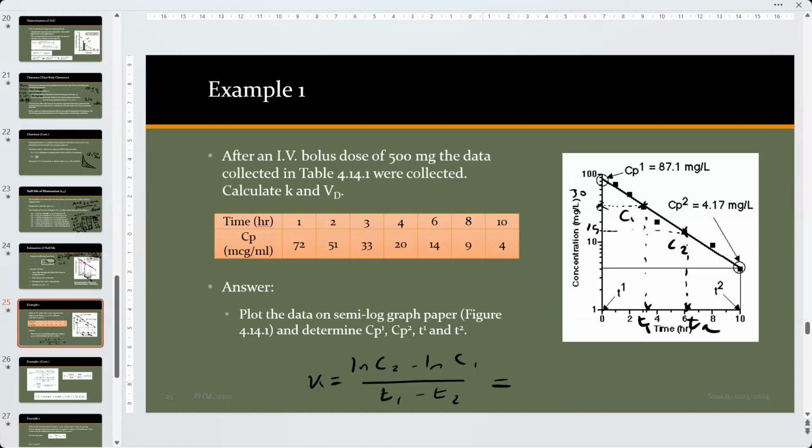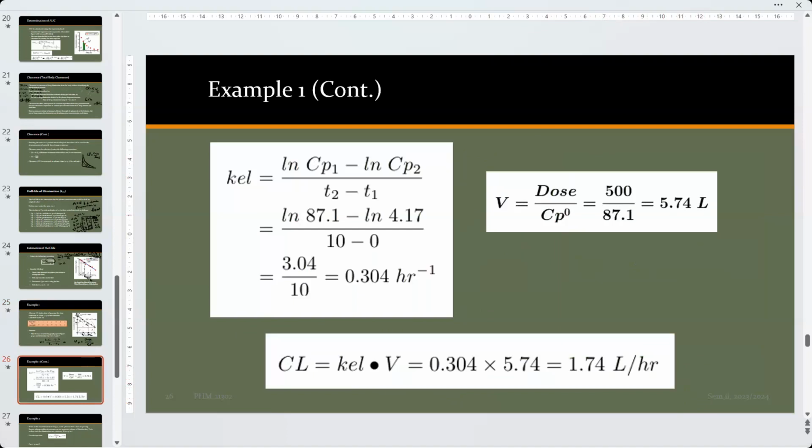And then you calculate the K. Okay, to calculate volume of distribution, you just back extend the line, determine the intercept, how much is CP naught, and then V equal to the dose that you give divided by CP naught. Okay, that is the way you should do the calculation.